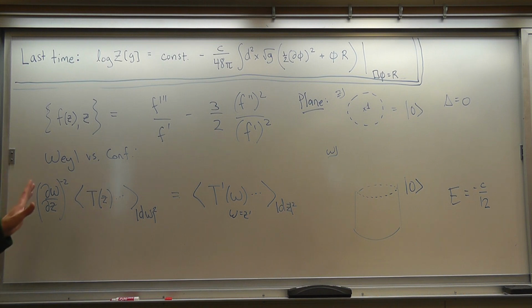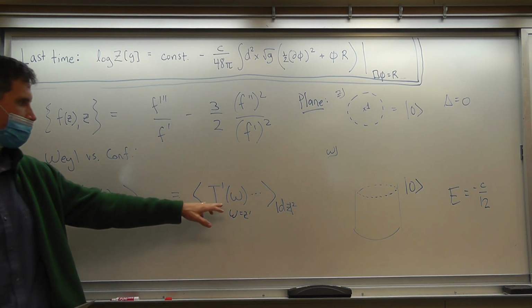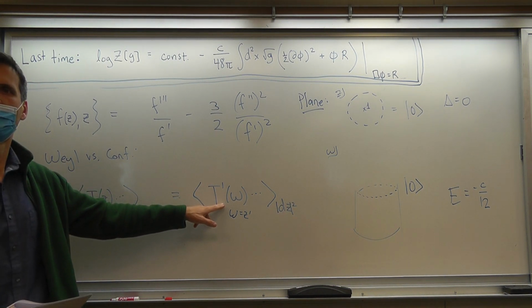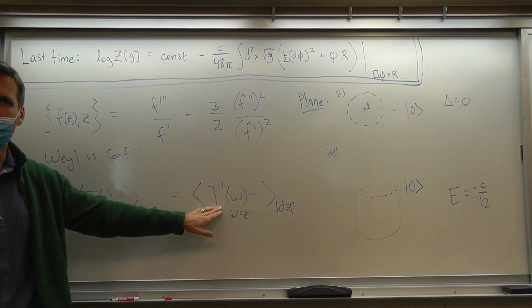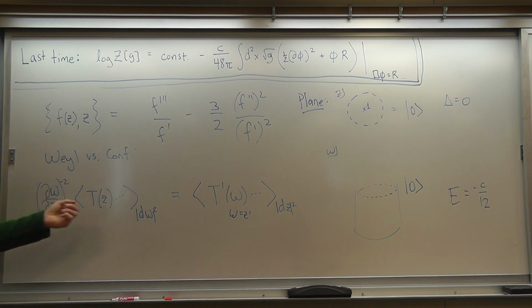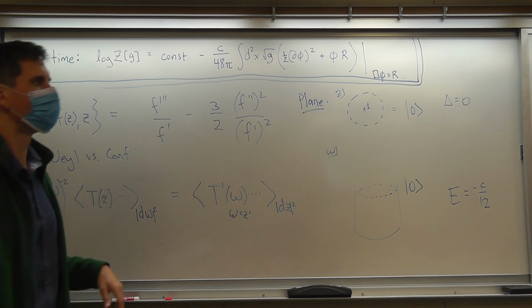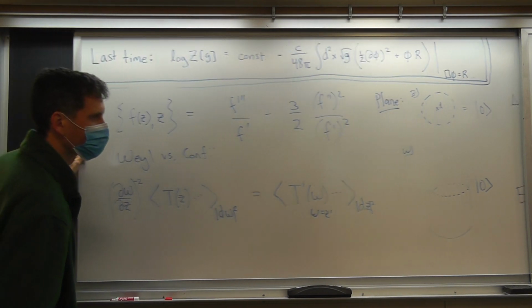Okay, so we've done it. We've calculated the left-hand side, and so we can read off the conformal transformation of the right-hand side. I did this for the 1-point function with the stress tensor just by itself, but if you have other stuff in there, it really just comes along for the ride. So we can get the whole answer this way.